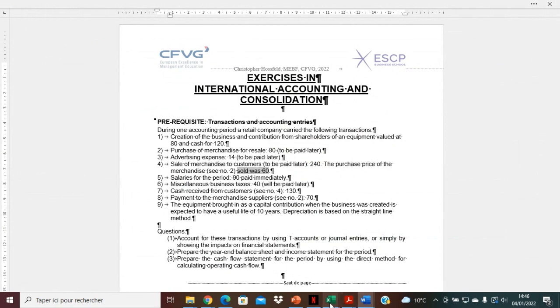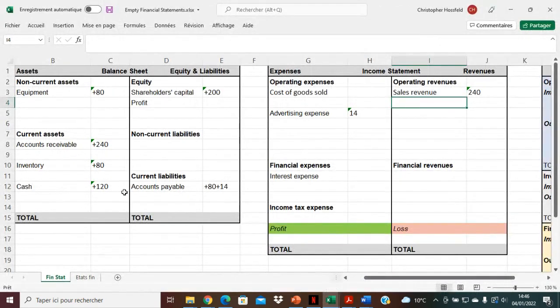So here the purchase price of the items I sold is 60, sorry, which means here I need to take them out of inventory because now the 60 are not there anymore. I gave them to the clients and therefore they are gone. Okay, so minus 60 in inventory. And what happened to those merchandise inventory items? I consume them, I use them. And obviously, when I use inventory, that has a negative impact on my profit. In other words, it's an expense.